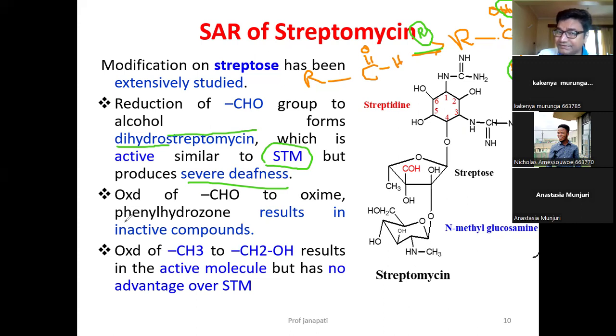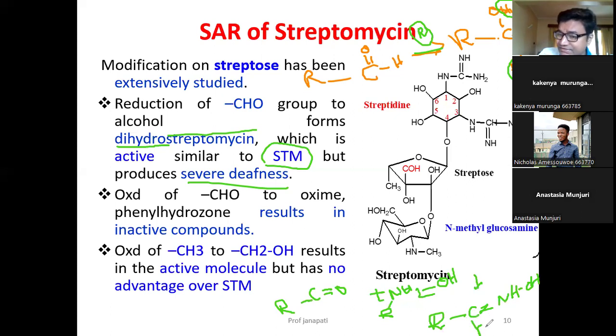Hydroxylamine means a hydroxyl group and an amine group. When aldehydes are treated with hydroxylamine, you get R-CH=N-OH. This is called an oxime.